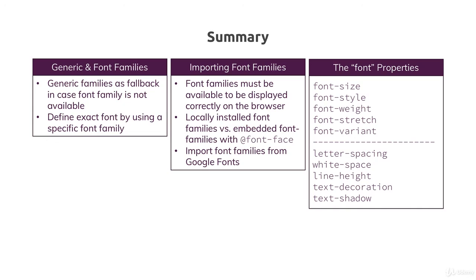And we saw font variant, which allowed us to add this small character style to our website. We also saw letter spacing, white space, and the line height, which allowed us to define the height of our content box basically. And we worked with text decoration and text shadow to add underlines or overlines to our text, or to also add some nice shadow behind it.